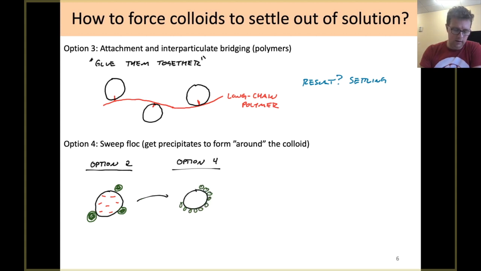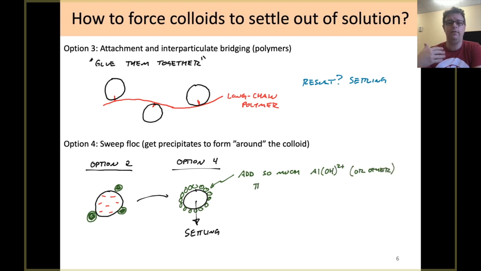Option 4, you could think of as option 2 taken to an extreme level. What we're going to do in option 4 is add so much of, in this case again I'm showing you with aluminum hydroxide, but whatever those green particles are, we're going to add so much of that it's more than the solubility limit.